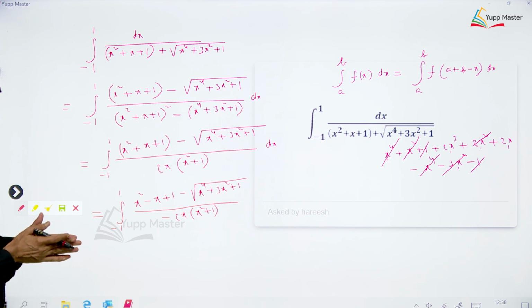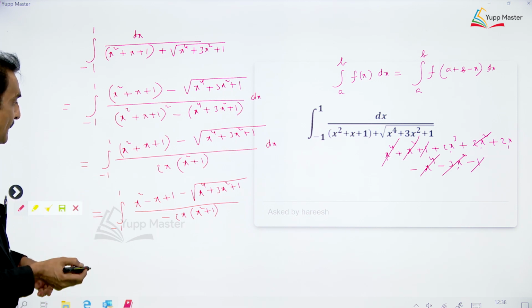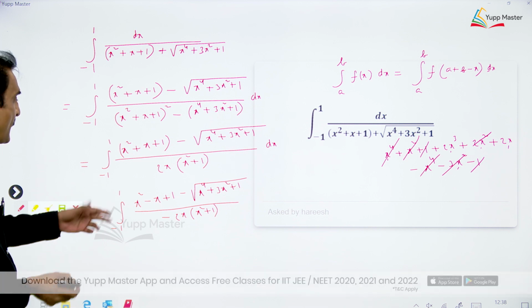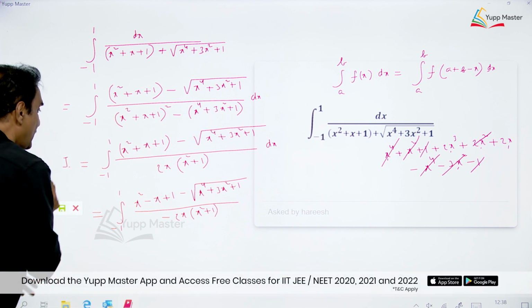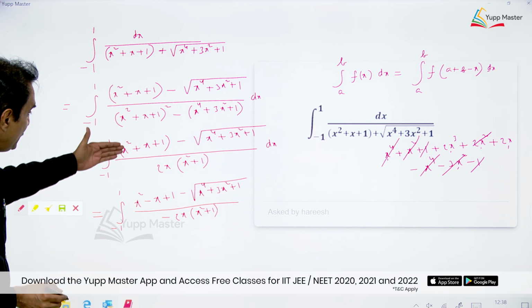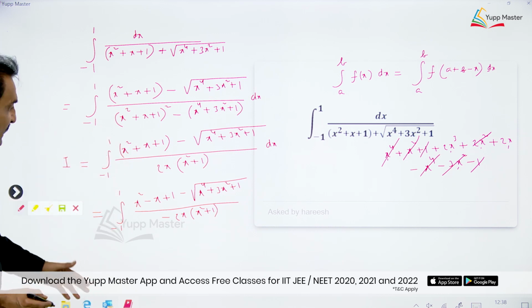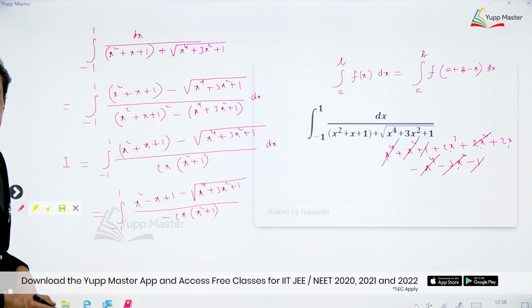Now, what can you do? Let us denote this by I, then this is also I, no? If you add these two, that square root will go.